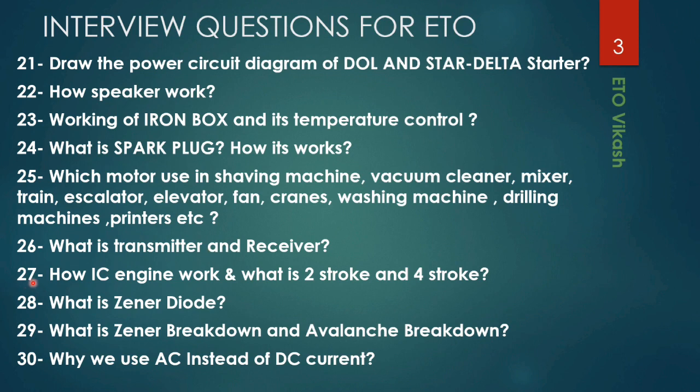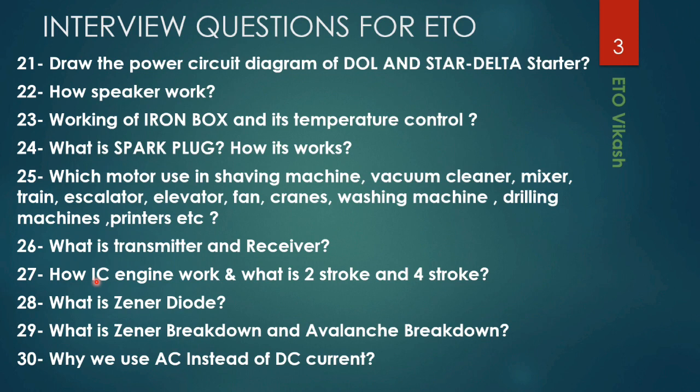Now 27. How does an IC engine work and what is 2-stroke and 4-stroke? How the IC engine works, you know, in BTech also you have seen the 4-stroke: suction, compression, expansion or power stroke, and again exhaust.